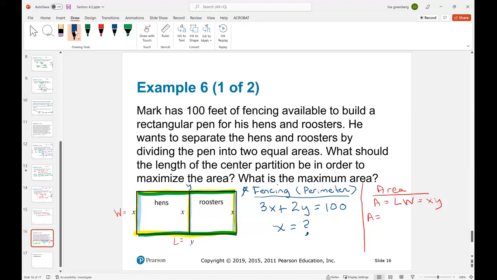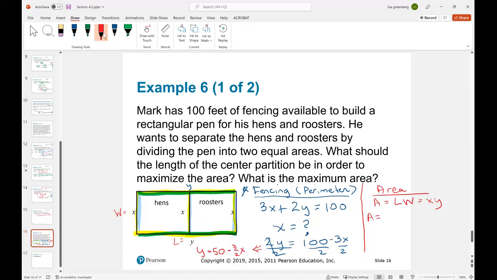So that means I'm going to subtract 3x from both sides. So I get 2y equals 100 minus 3x, and then I divide both sides by 2, and I get y is equal to 50, 100 divided by 2, minus 3 halves times x.